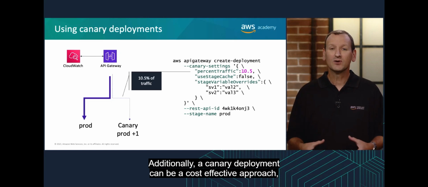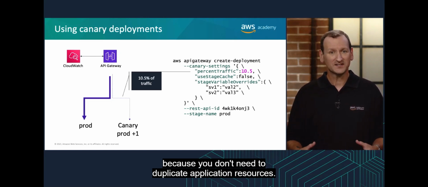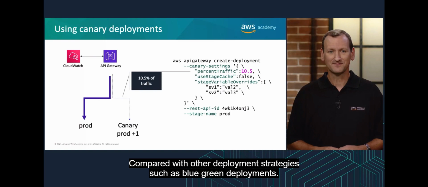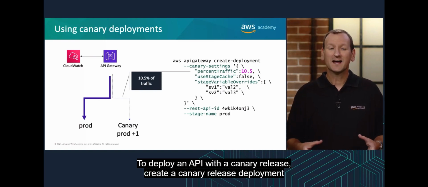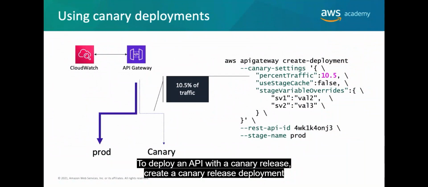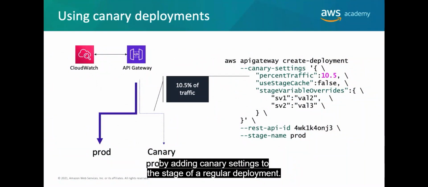Additionally, a canary deployment can be a cost-effective approach because you don't need to duplicate application resources, compared with other deployment strategies such as blue-green deployments. To deploy an API with a canary release, create a canary release deployment by adding canary settings to the stage of a regular deployment.